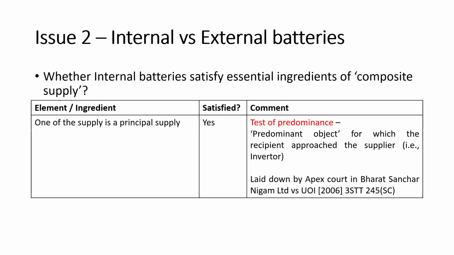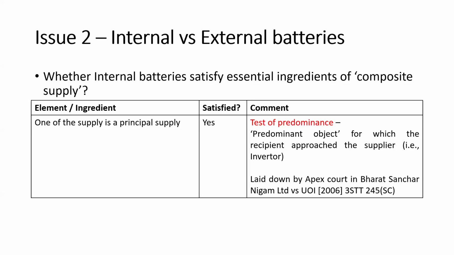See, Raghavendra, Sir, this test of predominance is not an accepted test in GST for composite supply. It is a test in the context of works contract tax under the earlier law and service tax.